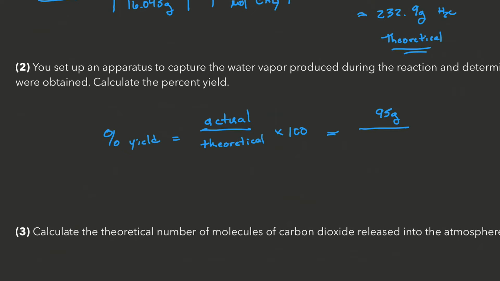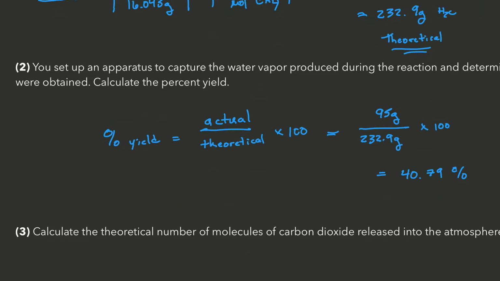I proposed that I would capture 232.9 grams, times 100. So my percent yield is, let's see, 95 divided by 232.9, which is 40.79. Sorry, percent.